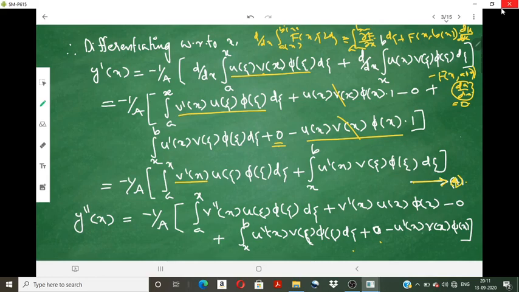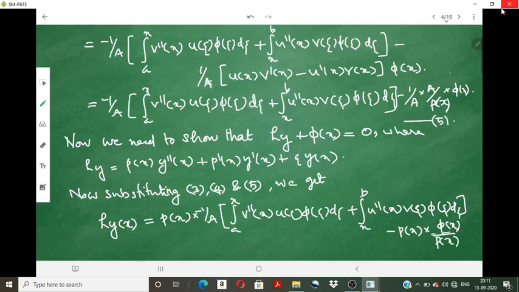In this term we can't cancel these two terms, but we can take phi of x as common and take it outside. So this will be u v dash minus u dash v term, and there will be minus 1 by a.